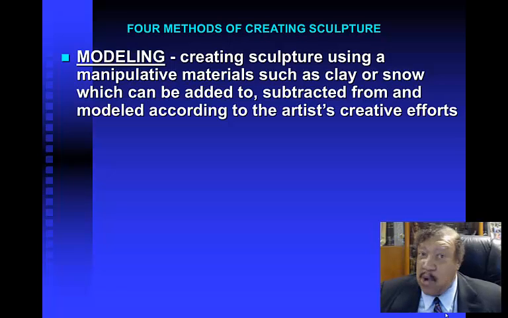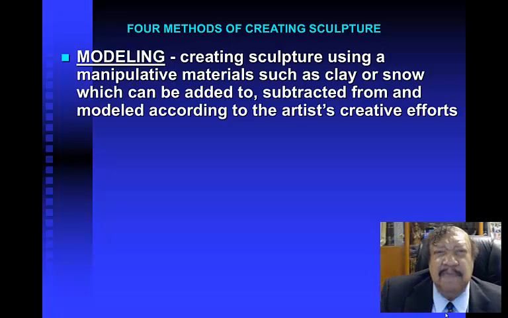Some artists use wax. The African artists use wax, as we will see shortly, in their casting process. According to an artist's creative efforts, you can take material and move it around. That's what we call modeling.